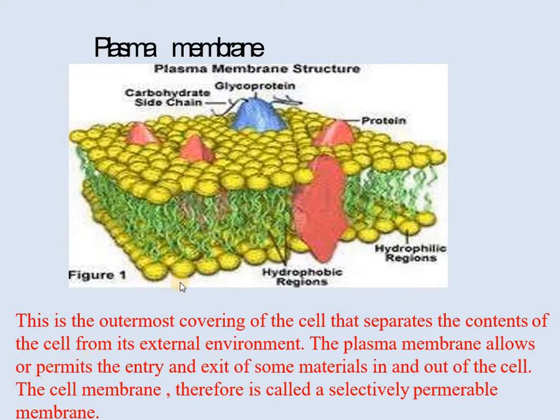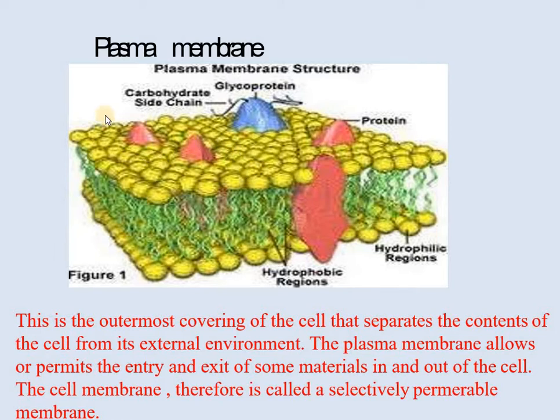This is the outermost covering of the cell that separates the contents from its external environment. It allows the entry and exit of only some selected materials, and therefore it is also called a selectively permeable membrane.